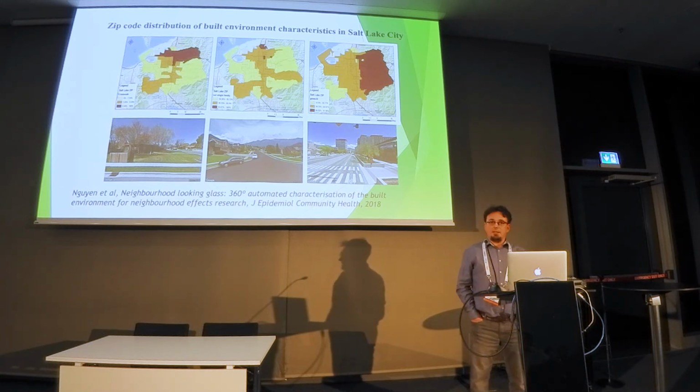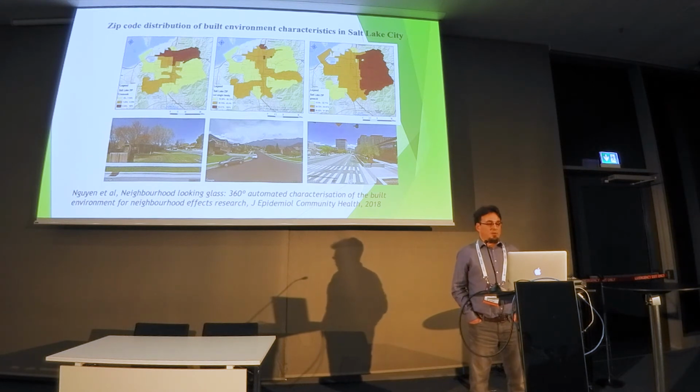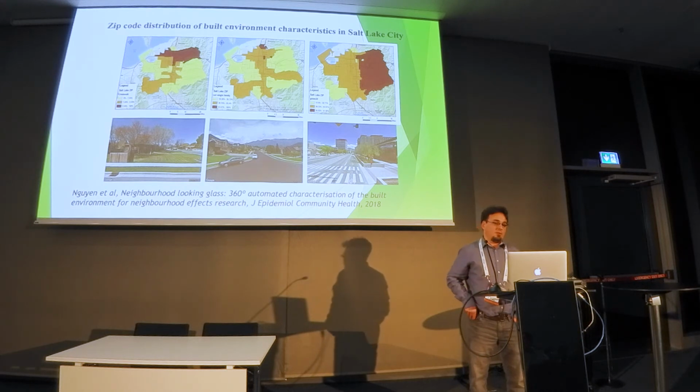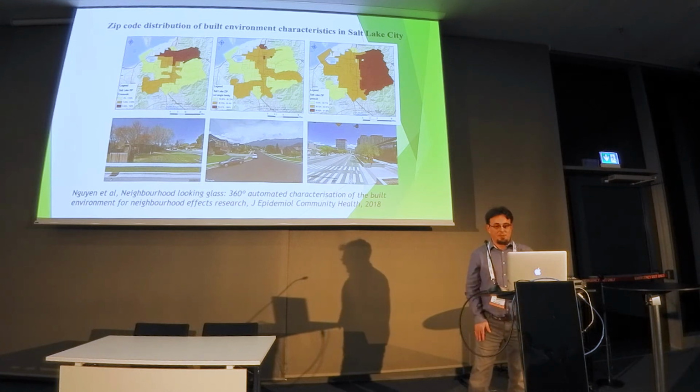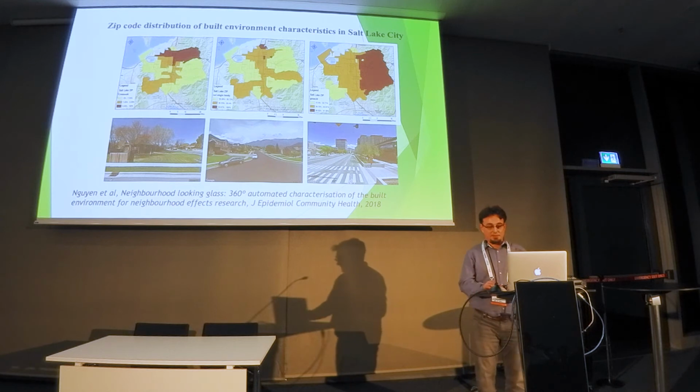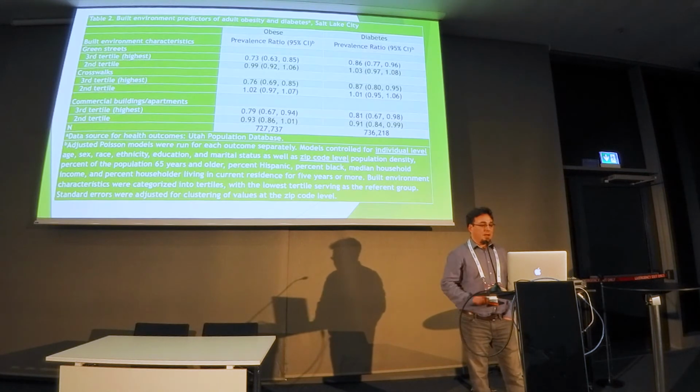Salt Lake City is a desert type of environment. If you look at the rightmost zip code graph there, as you go east in Salt Lake City, you go close to the mountains, and the streets become a lot greener, and that is what we see. So maybe that's a second level of reality check that the model is doing what it should be doing.